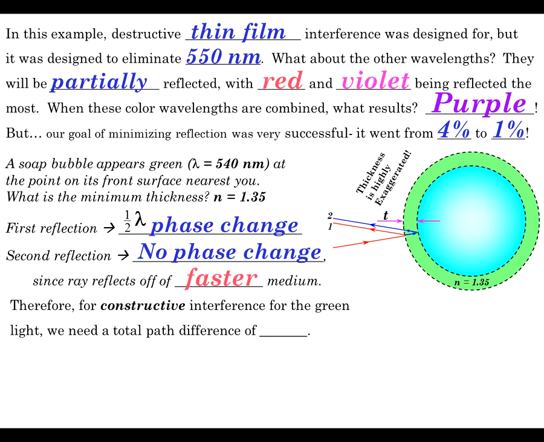You're seeing that wavelength constructively interfering. So the total path difference needed is 1/2 a wavelength. The reason is because you already had 1/2 a wavelength from the first reflection, and you don't have any phase change here. So you just need a 1/2 wavelength in addition to get a full wavelength.